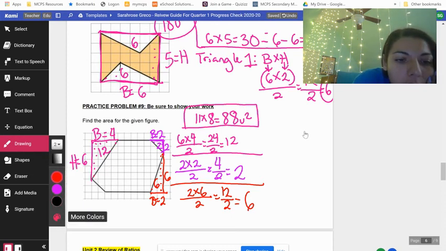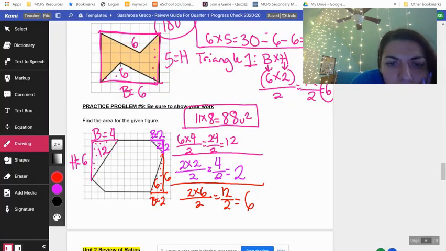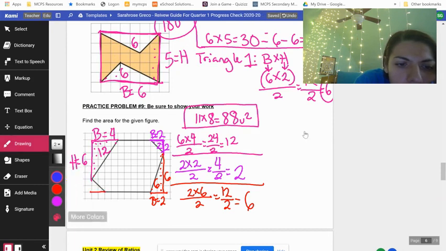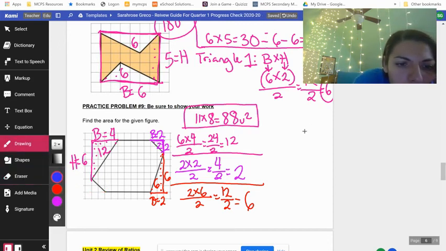Let's pick a different color. Okay, let's pick a dark blue. Okay, over here for this triangle, base is 2, and height is 2.